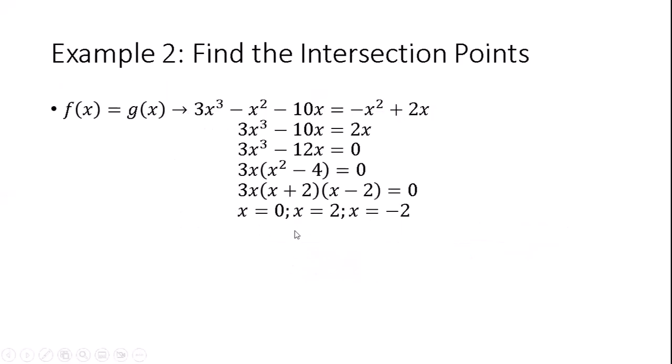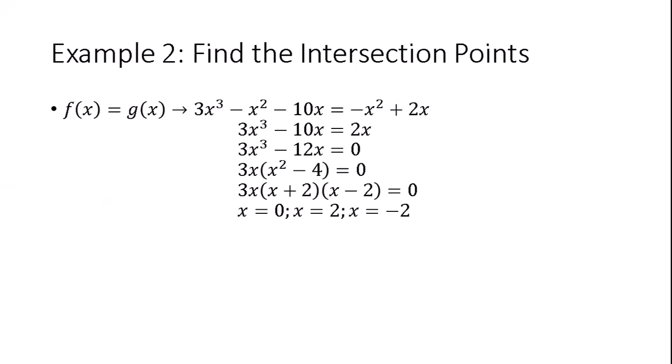So for our example, first thing we do is we figure out where f of x equals g of x. So we have 3x cubed minus x squared minus 10x is equal to negative x squared plus 2x. So we go ahead and combine like terms using properties of equality. We have 3x cubed minus 12x equals 0.